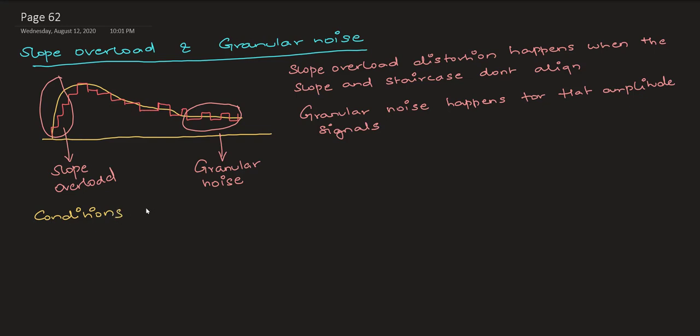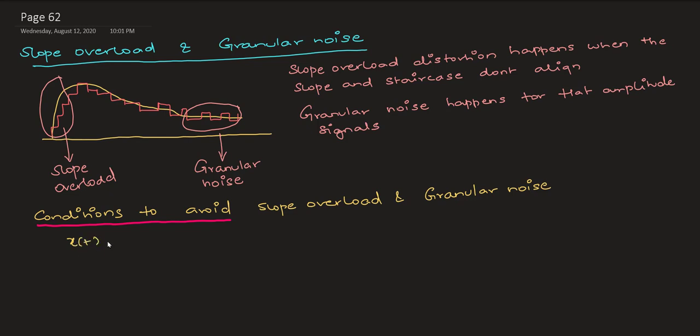So the best signal to avoid slope overload and granular noise is your sinusoids, because they have a moderately good slope and they don't have too much of an exponential tail like an exponential signal. So a sinusoid signal is the best signal we can use for your delta modulation, and it will have the minimal slope overload and granular noise.